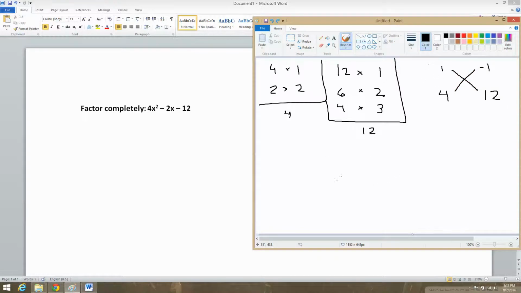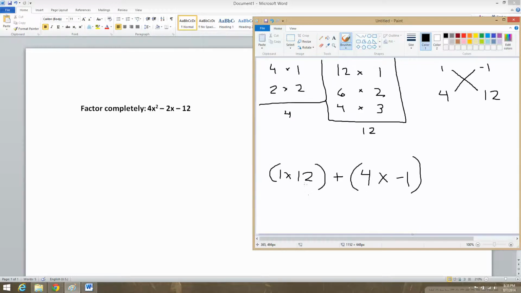So with the cross numbers, you're going to multiply them together. So for this, it's going to be 1 times 12. And you're going to add that to the other cross numbers, 4 and -1. So 4 times -1.